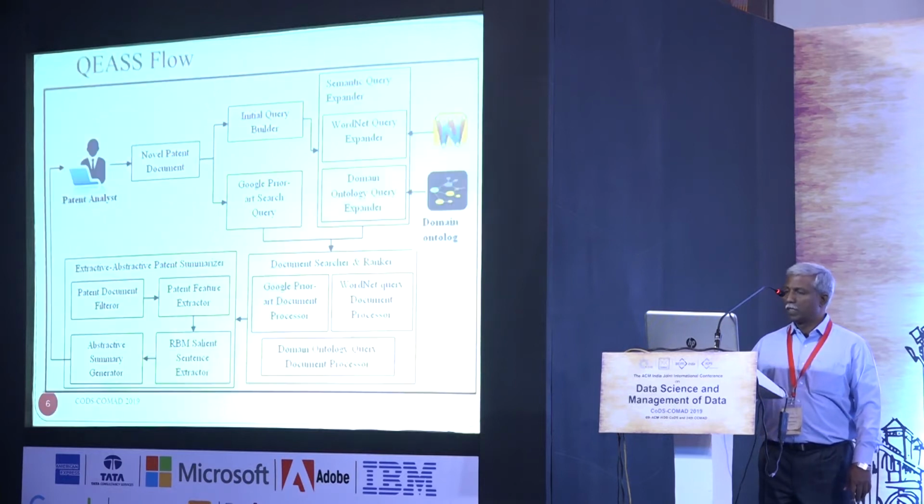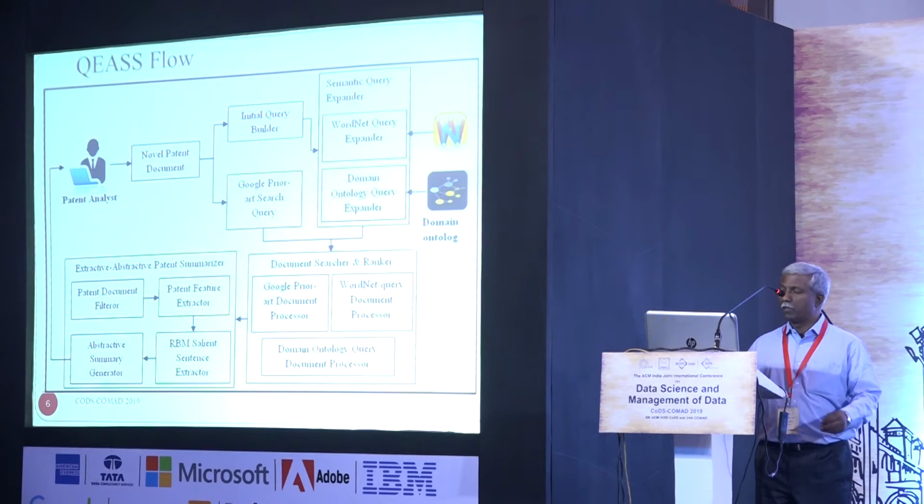So this is the overall system. When the novel document is submitted, we identify the noun phrases in it and do some initial query expansion. We also give it to the Google prior art search. Then we do something called a semantic query expander, enriching the incoming query with a WordNet based query expander.